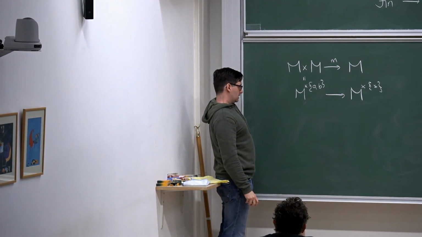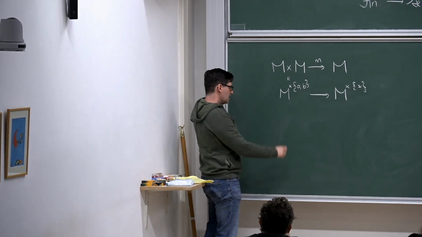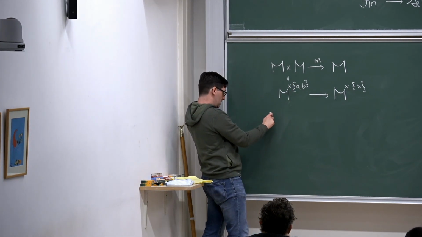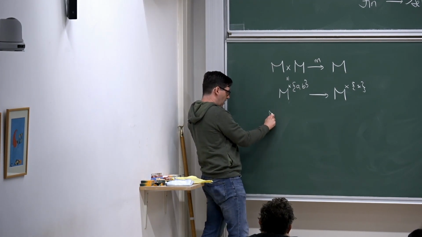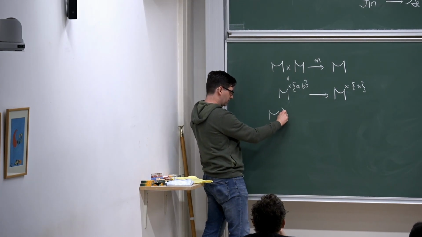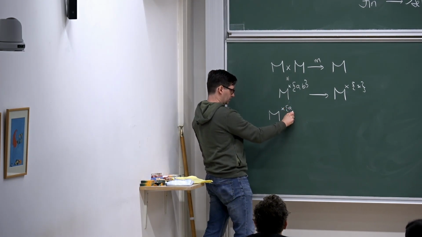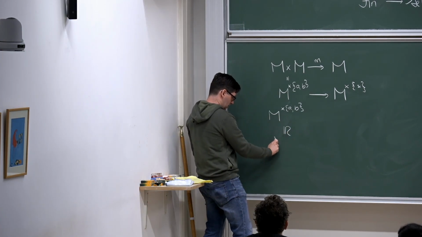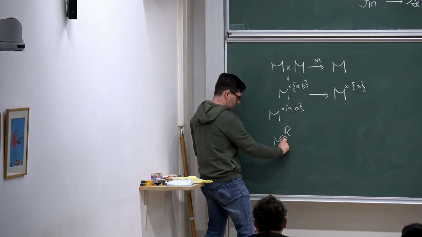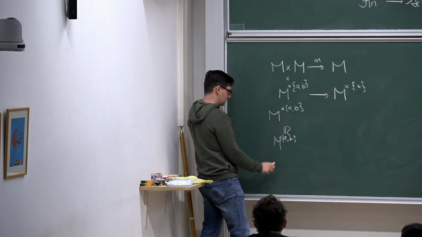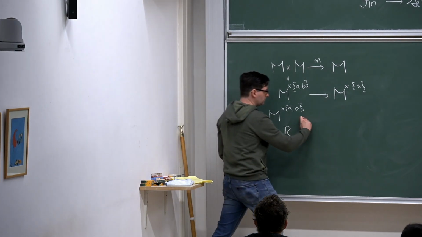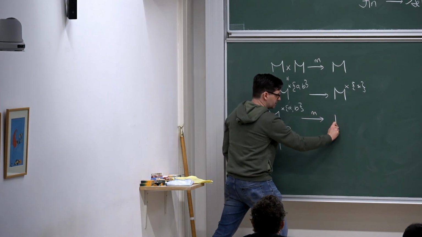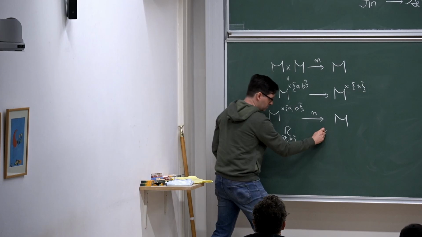And so there's my covariant functoriality. But if I include the non-trivial automorphism of the 2-point set, where I swap the two factors, then my multiplication being commutative is the same statement as this diagram commuting.